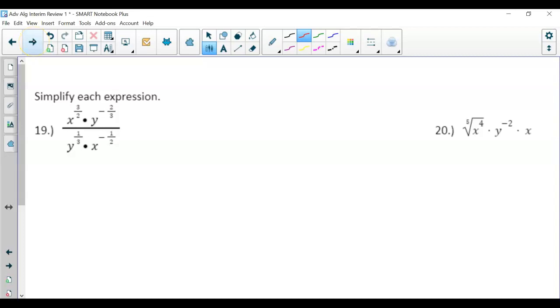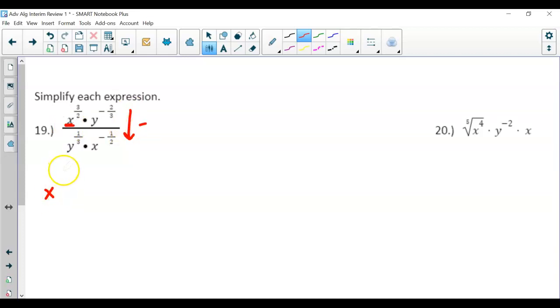Then our last two. So here we go. Same thing. Notice how we're multiplying. So can we add the exponents? No, because the bases are different. However, when dividing, we do have bases that are the same, but this one you have to be careful. So let's start with our x here, right? So again, top to bottom, we're going to subtract.